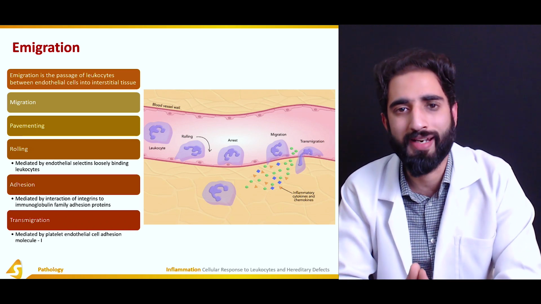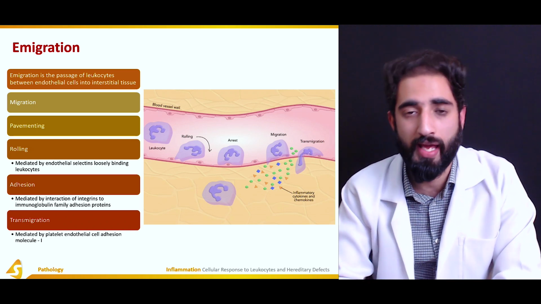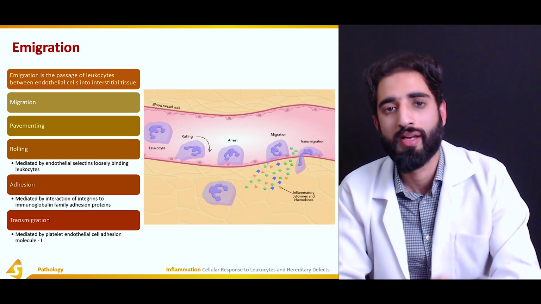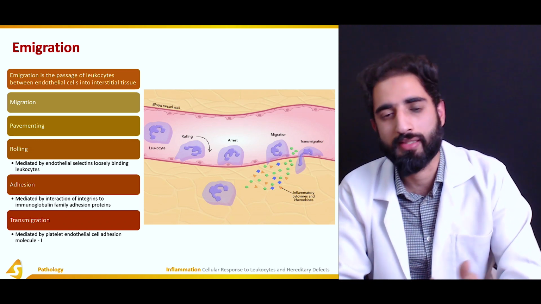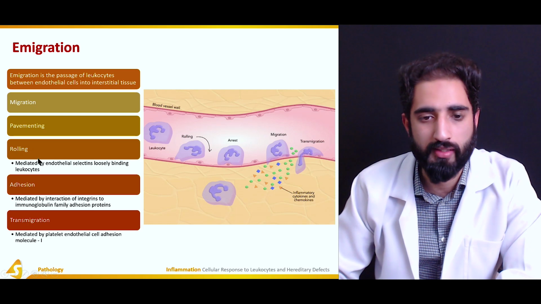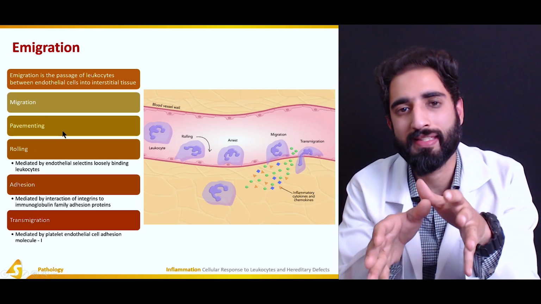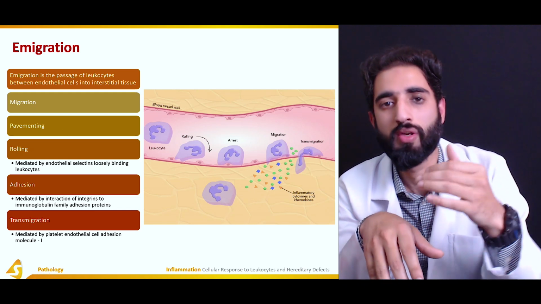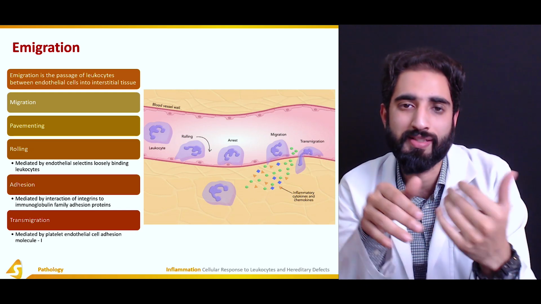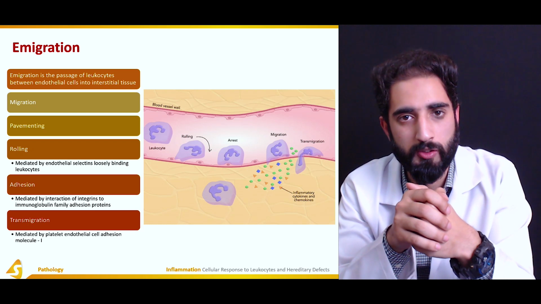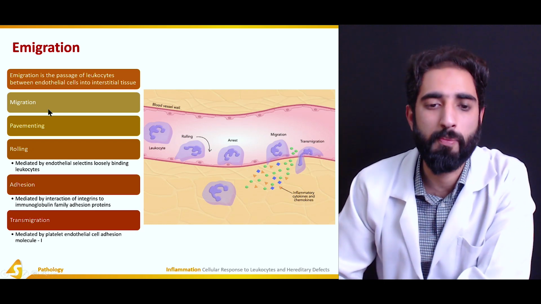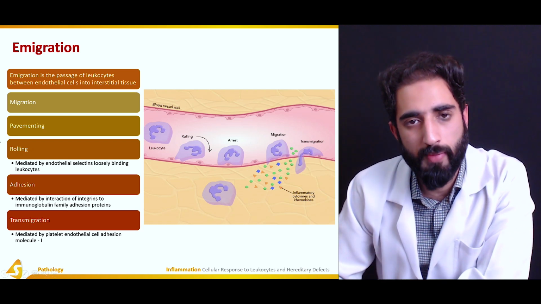Once they have reached there, they are still in the blood vessel and not the tissue. The second process is known as pavementing. In pavementing, they start to accumulate at the site where they want to dislodge from the blood vessel and go into the interstitial spaces.